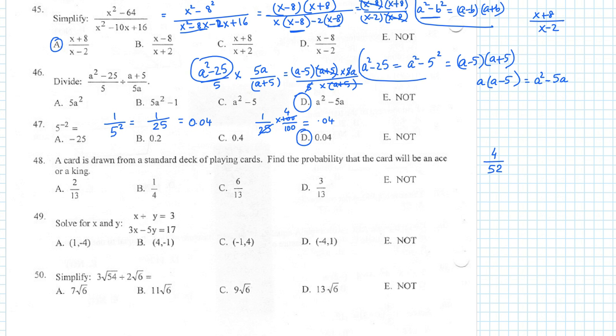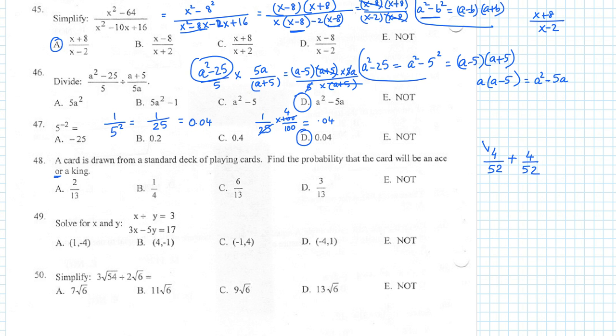Then the probability that the card is going to be a king is also 4 divided by 52, because there are 4 kings.